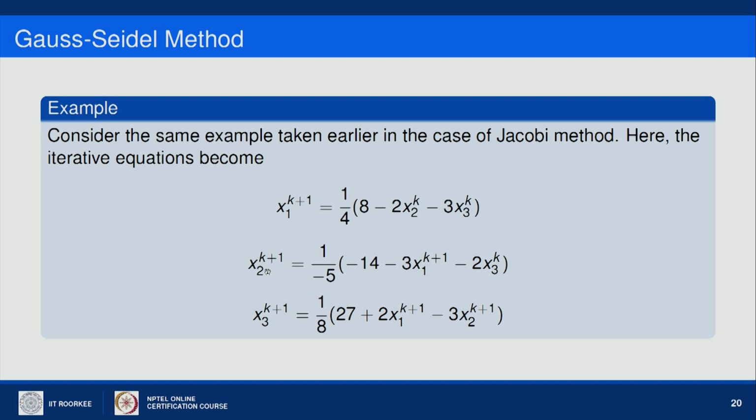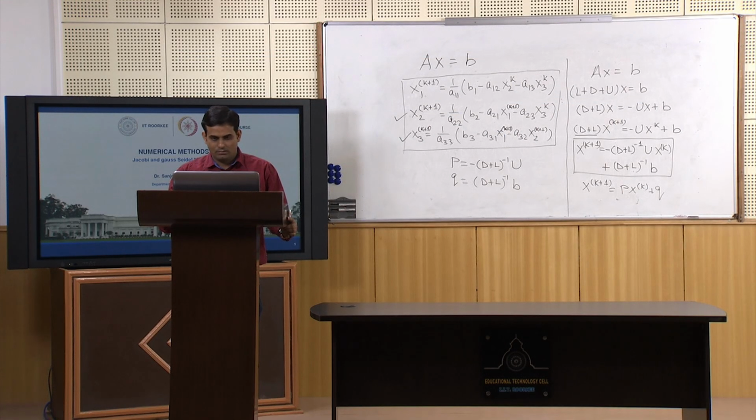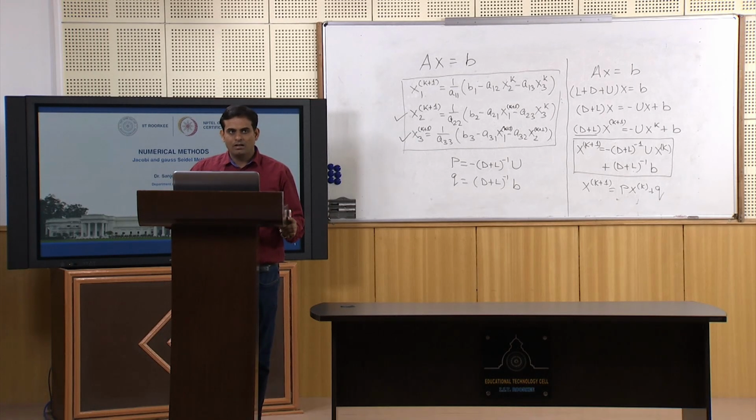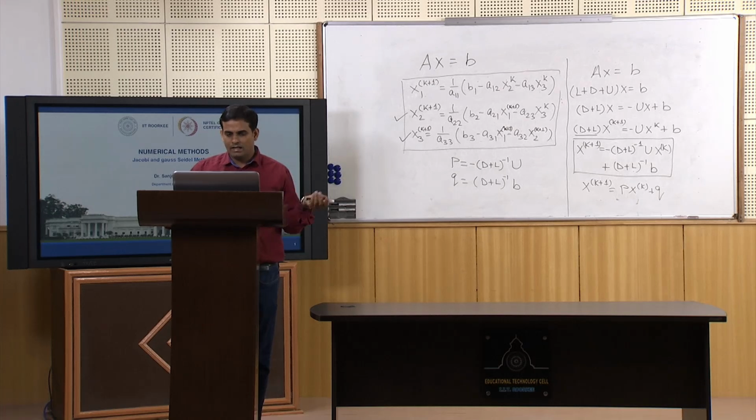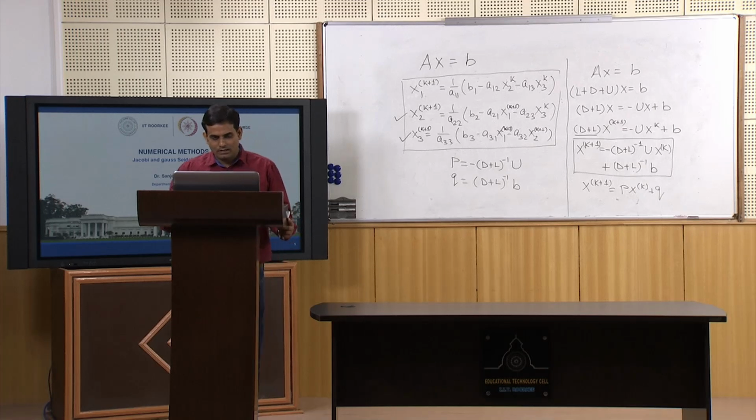Now, in the second equation I will not use x1 = 0, because that would be exactly like Jacobi. Here I am using the updated value of x1, that is 2.